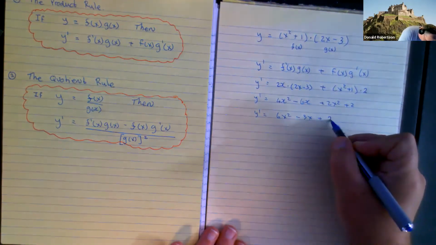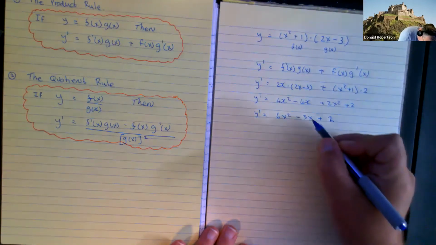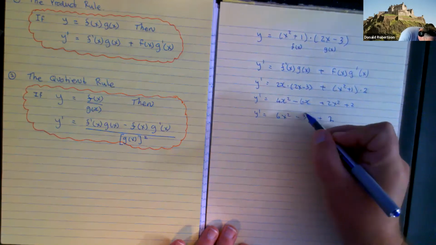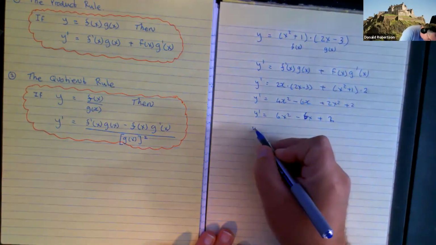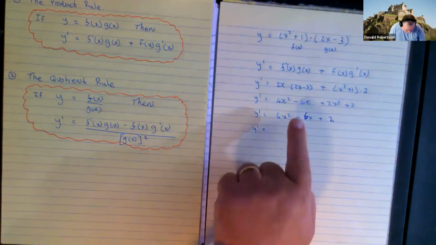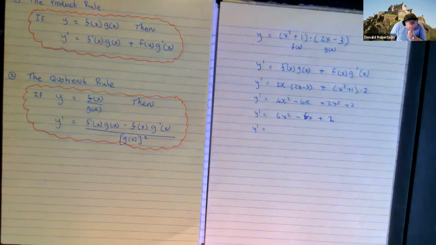Oh, sorry, plus 2. I don't know where that came from. I apologize. I think I'm thinking what's going to happen in the next line. Okay, just double check I did this right. 6x squared minus 6x plus 2. Okay, everything looks good so far, right?